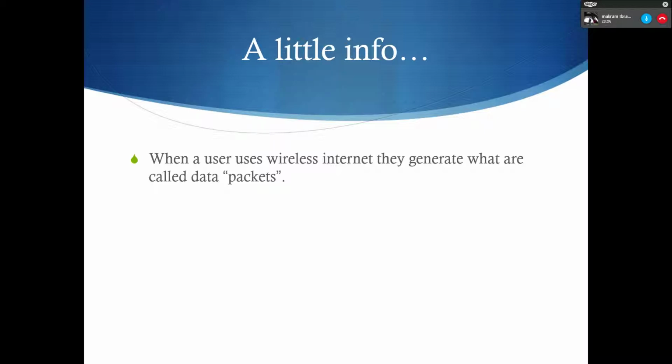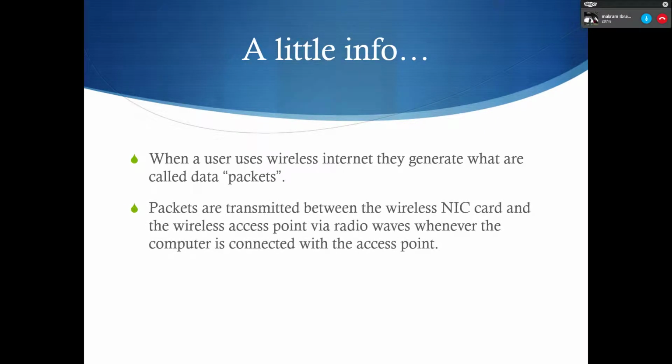WPA2. When a user uses wireless internet, they generate what are called data packets. These packets are transmitted between the wireless NIC card and the wireless access point via radio waves whenever the computer is connected with the access point.